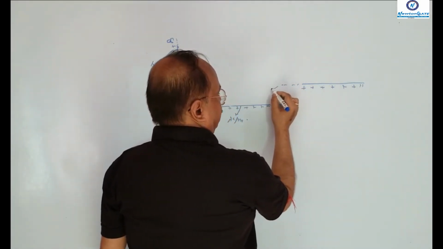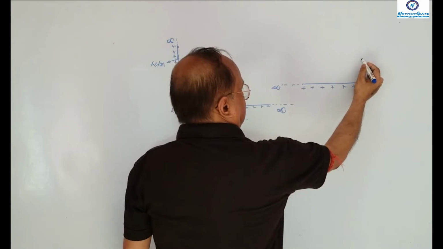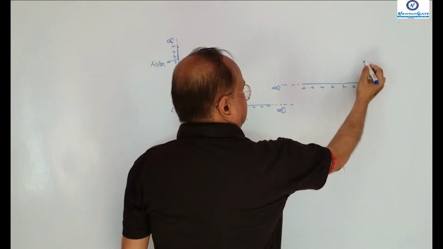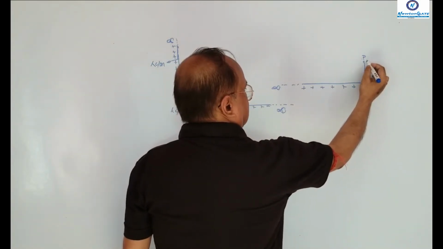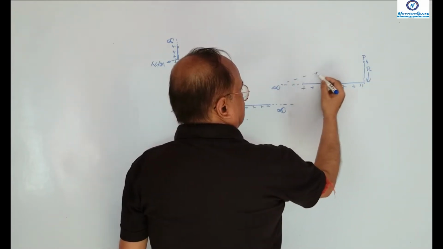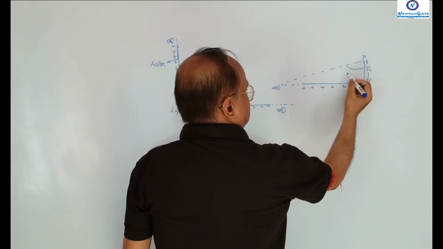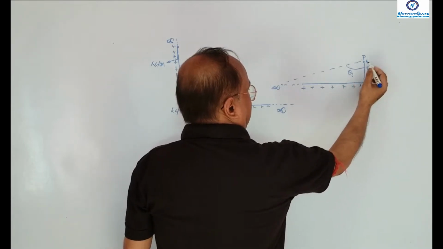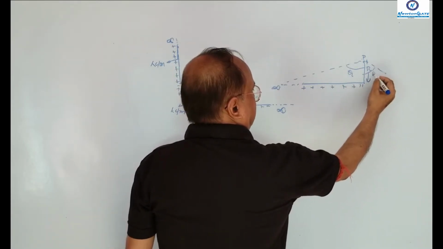This side it is going to infinity, and I am at this point P at a distance r. Let us think of it: the angle that it makes is your theta 1, and this is theta 2.